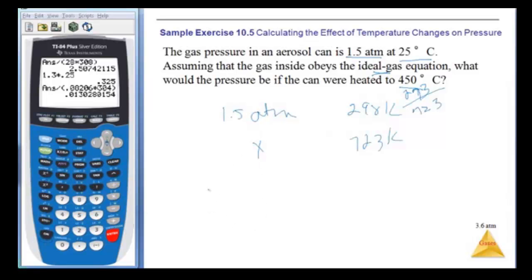So all I have to do is take my pressure of 1.5 atmospheres. And these laws assume ideal behavior, right? Which is what it's really talking about here. So if my temperature goes way up, my pressure will go way up.